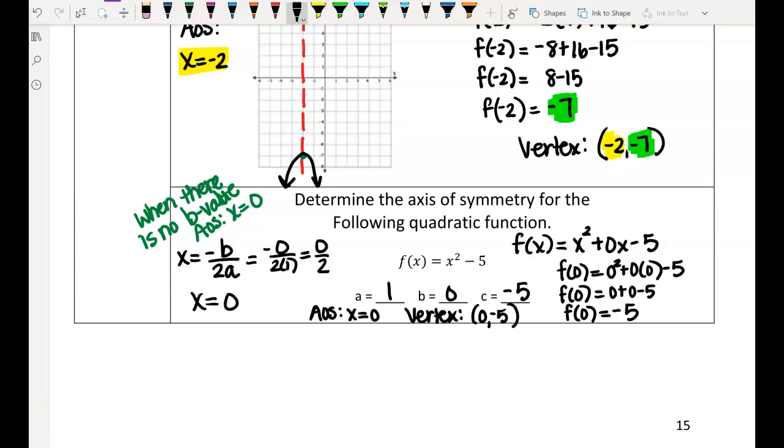What do you notice about the y value of the vertex? The vertex is at 0, negative 5. What do you notice about that negative 5? Where else did we see that negative 5 in this problem?